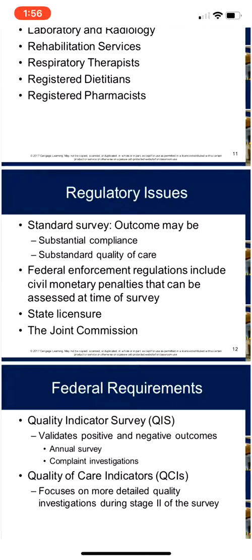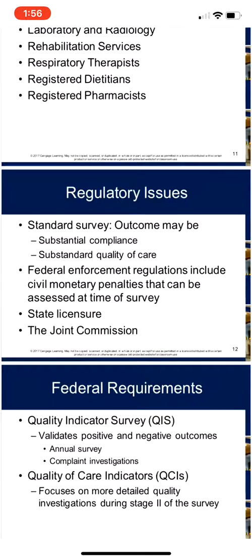The standard survey is unannounced and is conducted at least every 15 months. The two general survey outcomes are substantial compliance and substandard quality of care. Substantial compliance means that any deficiencies the surveyors find are deemed to be of minimal potential for harm to the residents.